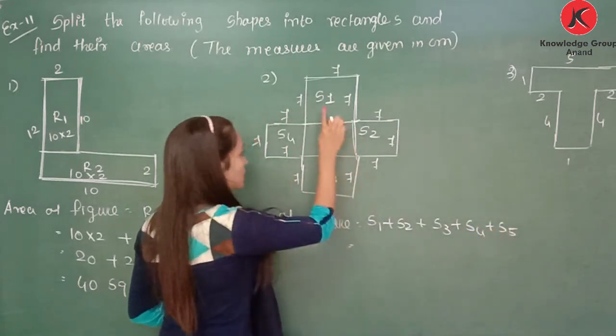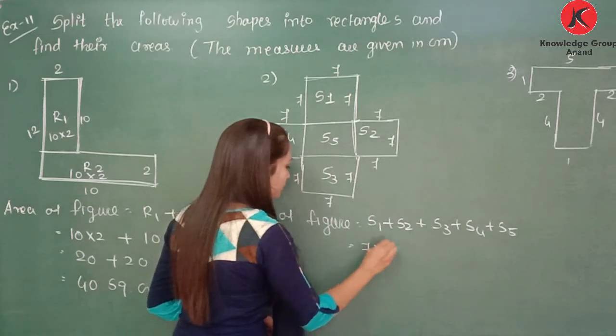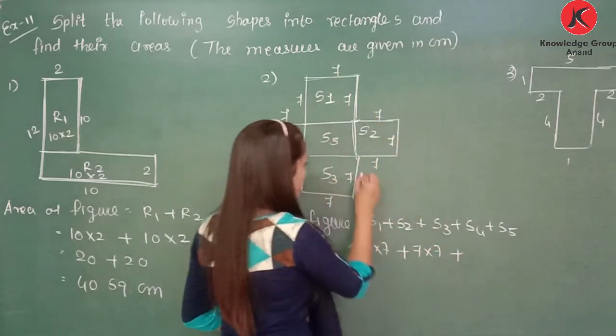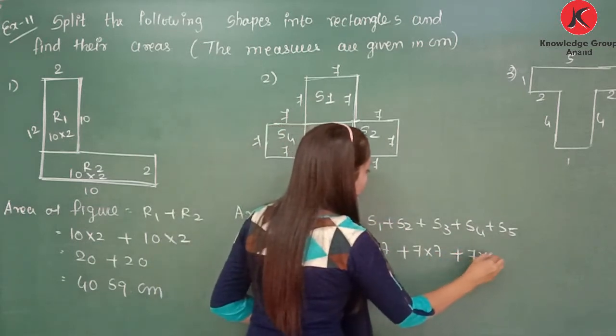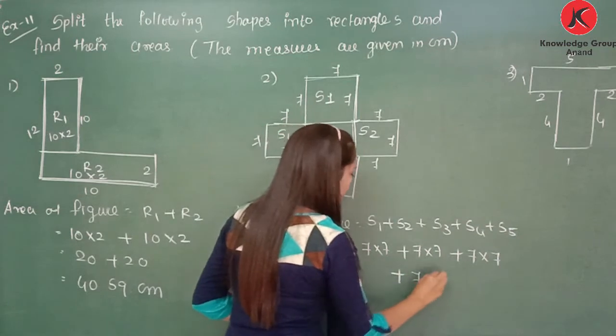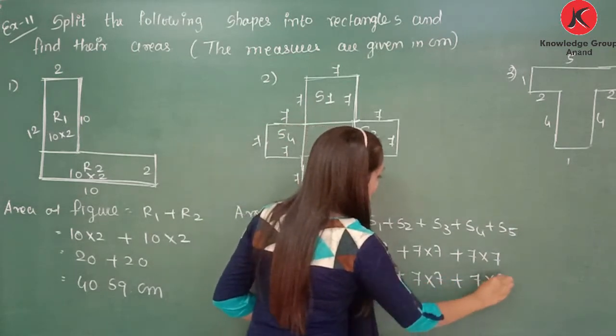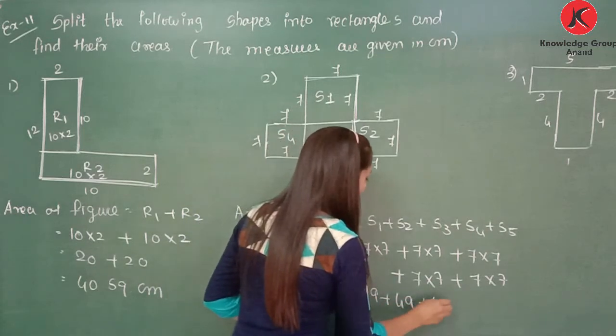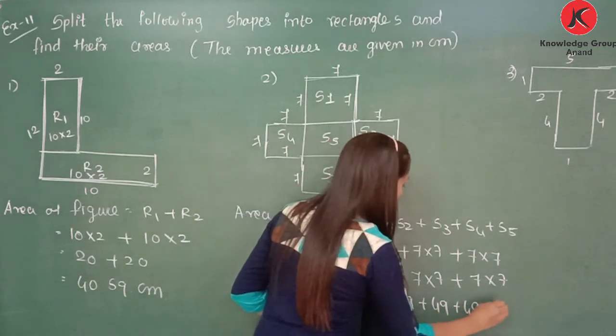So for S1 it is 7 multiplied 7 plus 7 multiplied 7 plus 7 multiplied 7 plus 7 multiplied 7 plus 7 multiplied 7. So it is 49 plus 49 plus 49 plus 49 plus 49, 5 times.